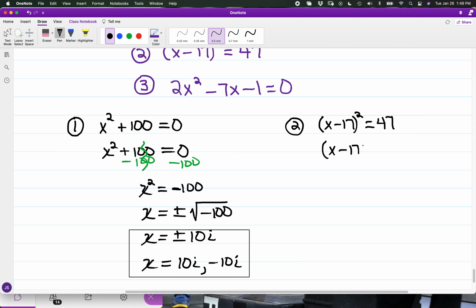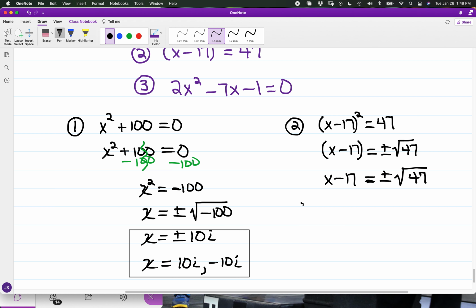So if I go from second to first order, I have x minus 17 is equal to plus or minus the square root of 47. Now 47 is a prime number, and the square root of 47 is already in simplest terms.